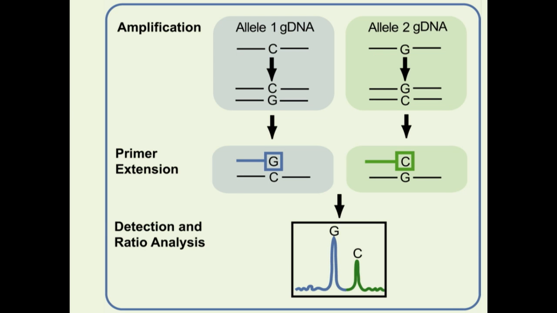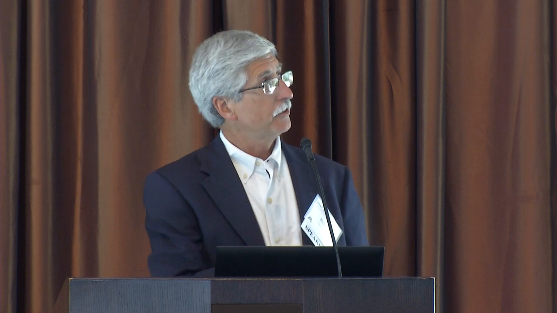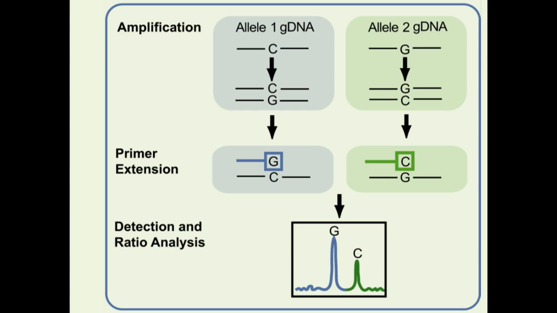More specifically, the way this works is actually quite simple, and that is that there's a primer extension after the amplification that ends just prior to the site of interest, the variant. So in this particular case, you can see right before that G, which is the tested variant, the primer is designed, and then as the base is added, you can see if it's a G or a C, it's going to actually change the molecular mass of the primer a little bit, because a G is not the same structure as a C, so the molecular mass that they contribute to the primer is slightly different.